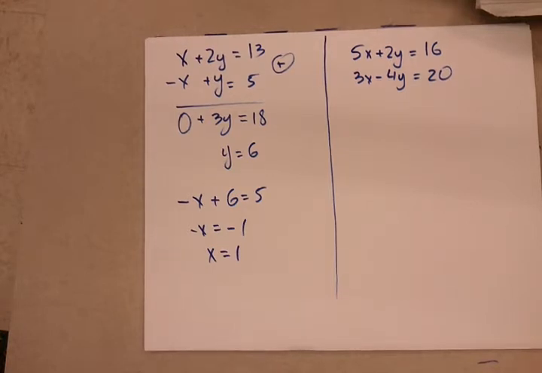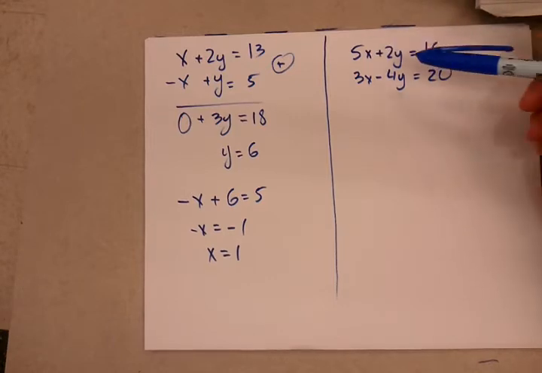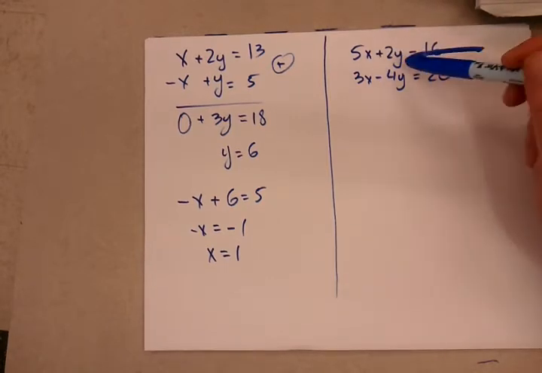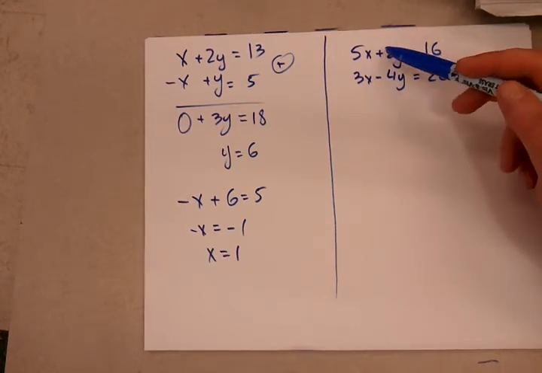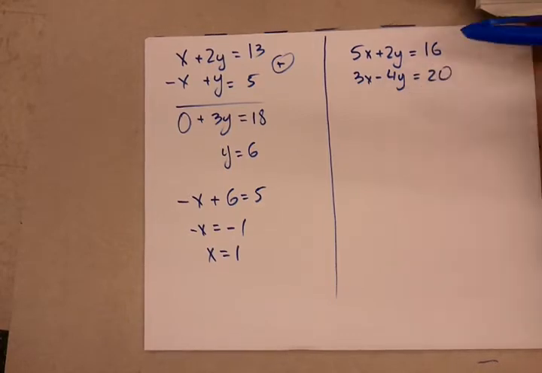Let's look at the coefficients of both the x and the y. In front of the x in the first equation we have a 5. In front of the x in the second equation we have a 3. What's the least common multiple for 5 and 3? The smallest number that they both go into evenly, and that's 15. So if I convert both equations so the x's are 15, I would be able to eliminate the x.